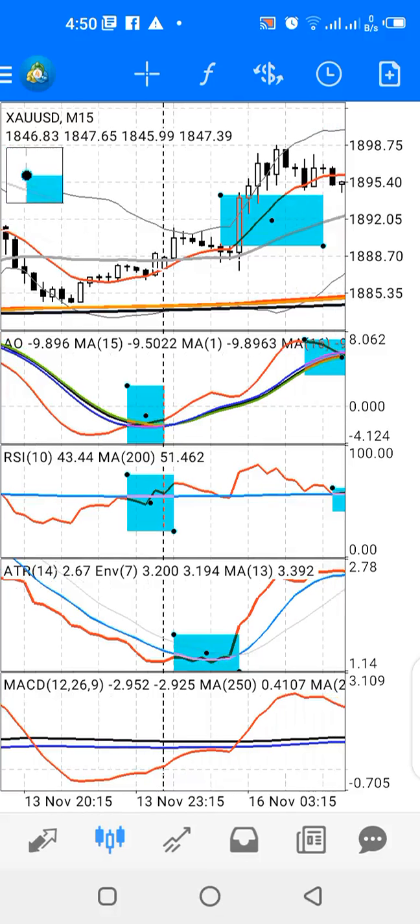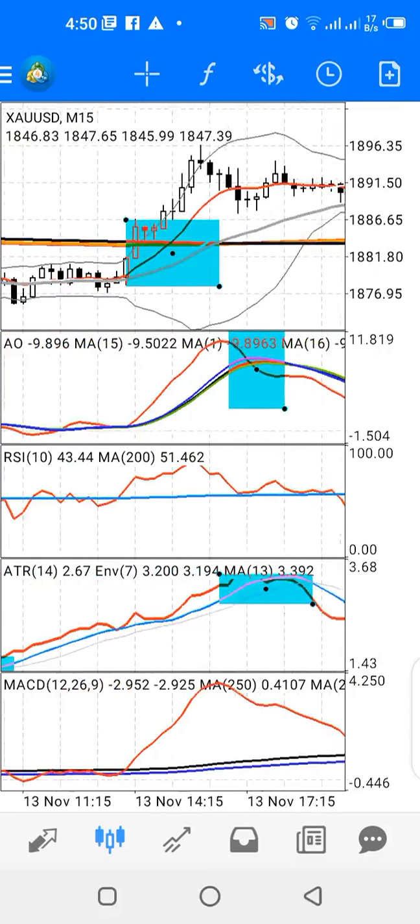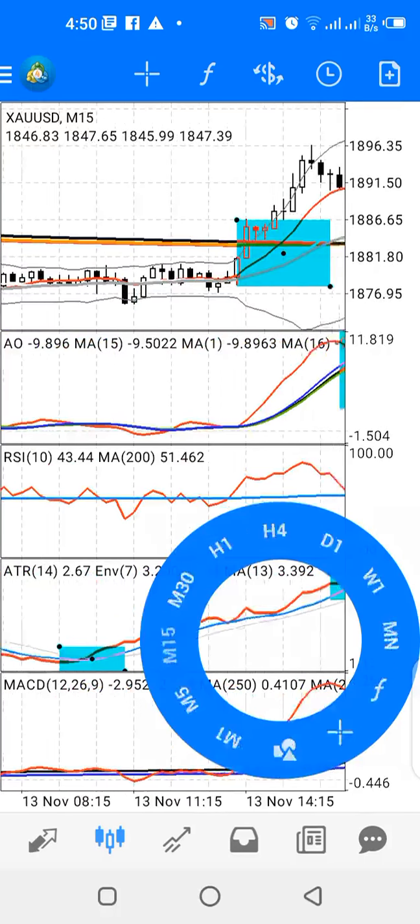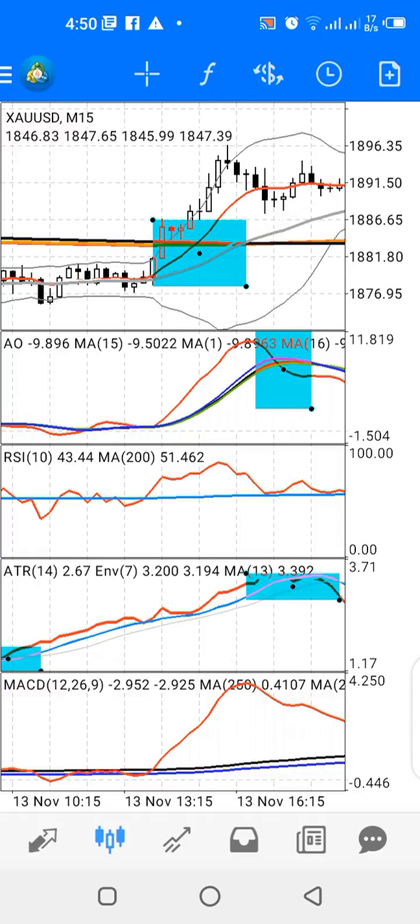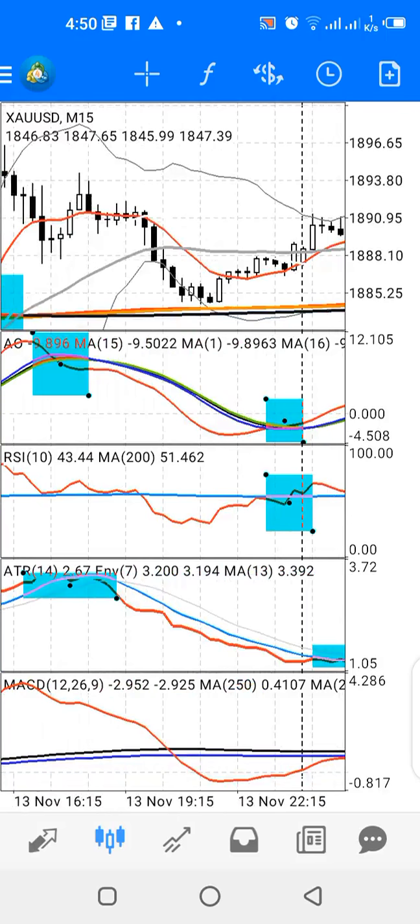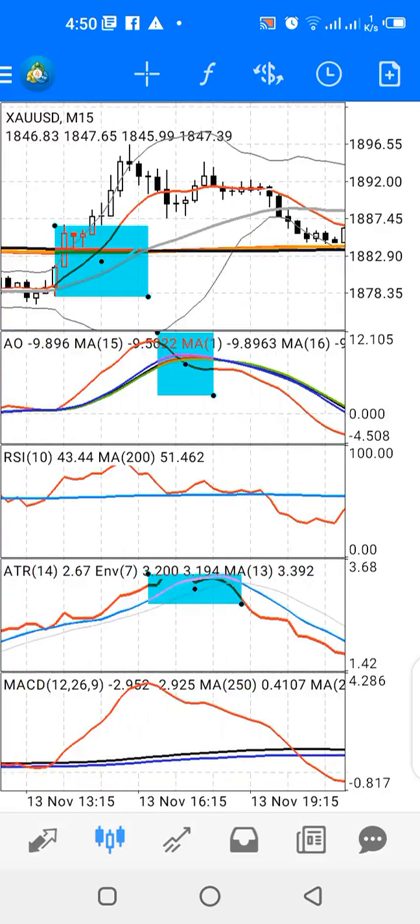If you check the distance, it will tell you the longer the distance, like from this cross to this cross, if it's longer than what we have here, then it will differentiate which cross is the impulse, which cross is the retracement.